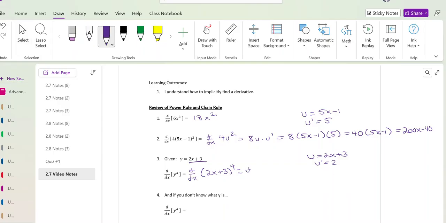So therefore here it would be u to the fourth, and then when you take the derivative, it's 4u to the third times u prime. So it gives you 4 times 2x plus 3 to the third times 2, which gives you 8 times 2x plus 3 to the third. And you do not need to raise anything to the third power or square it. I simplified this one up here because it was to the first power.